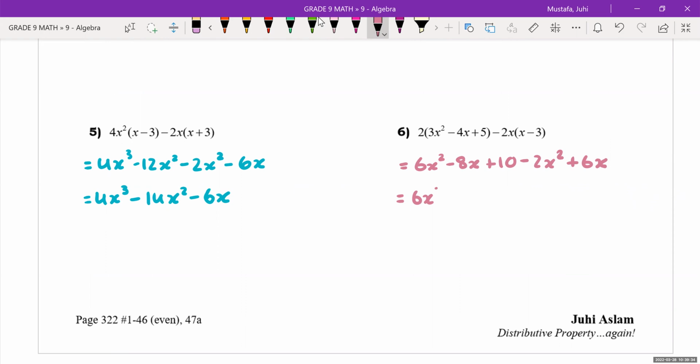So 6x squared minus 2x squared minus 8x plus 6x plus 10. Okay, go ahead. Plus 10. Good. So not too bad, right? Kind of more of the same stuff.